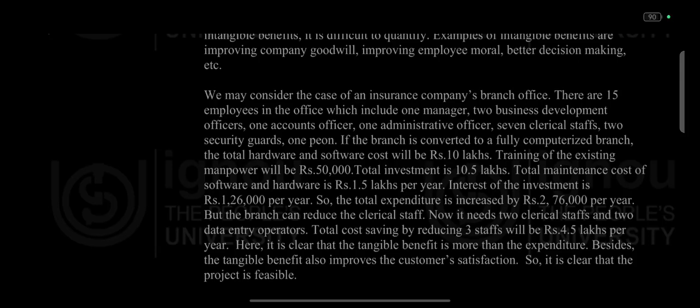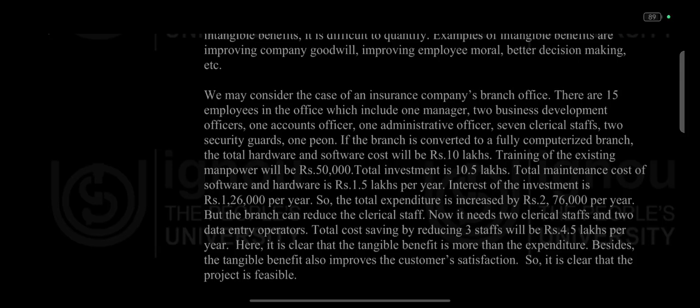Total maintenance cost of software and hardware is rupees 1.5 lakhs per year. Interest on the investment is rupees 1,26,000 per year. So the total expenditure is increased by rupees 2,76,000 per year, but the branch can reduce the clerical staff.